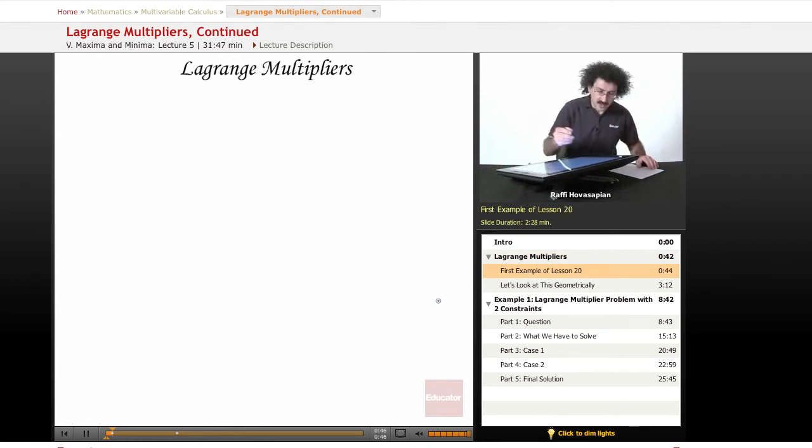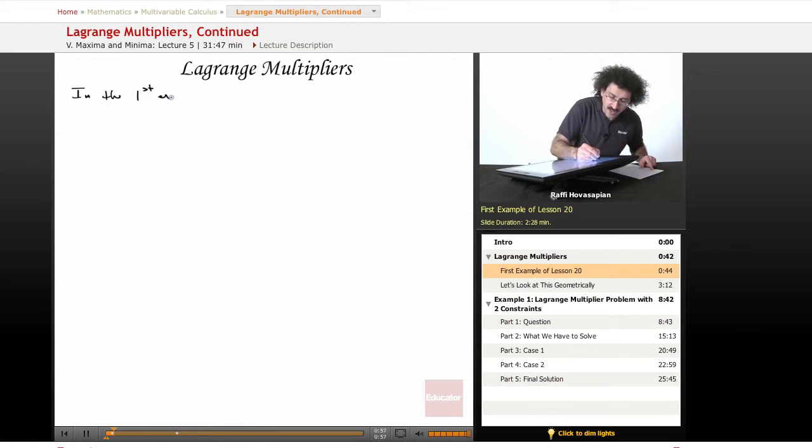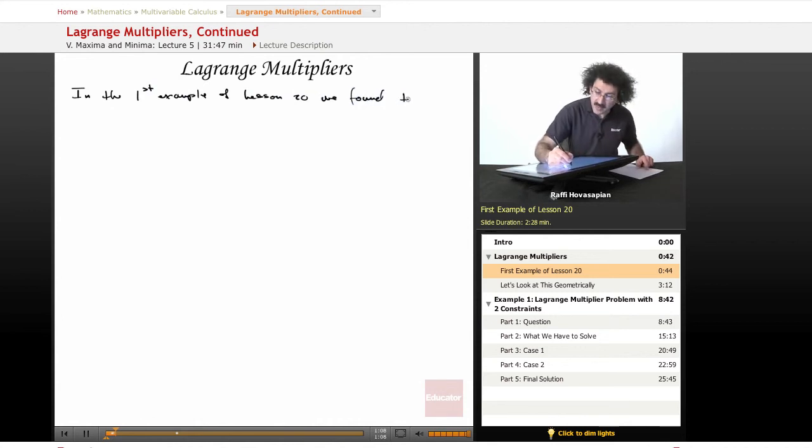So in the first example of the last lesson, lesson 20, we found the max and the min. Actually, let me call them extrema.